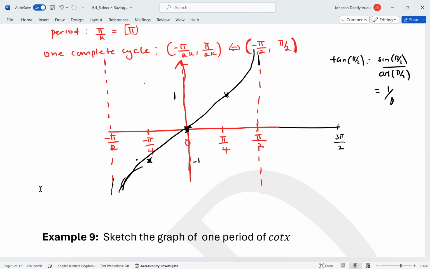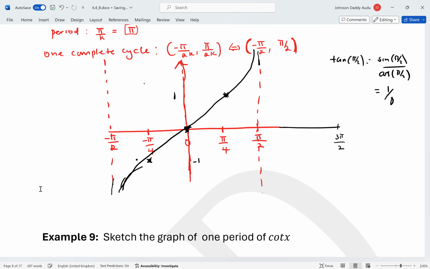Then you divide this interval into 4, and then you do the same thing. So it's very easy. Once you have the interval divided into 2, the midpoint of the interval will be your x-intercept, 0. Then when you go to the right, you just go to the highest point, which is your a. When you go to the left, you also go to your minus a, which is this.